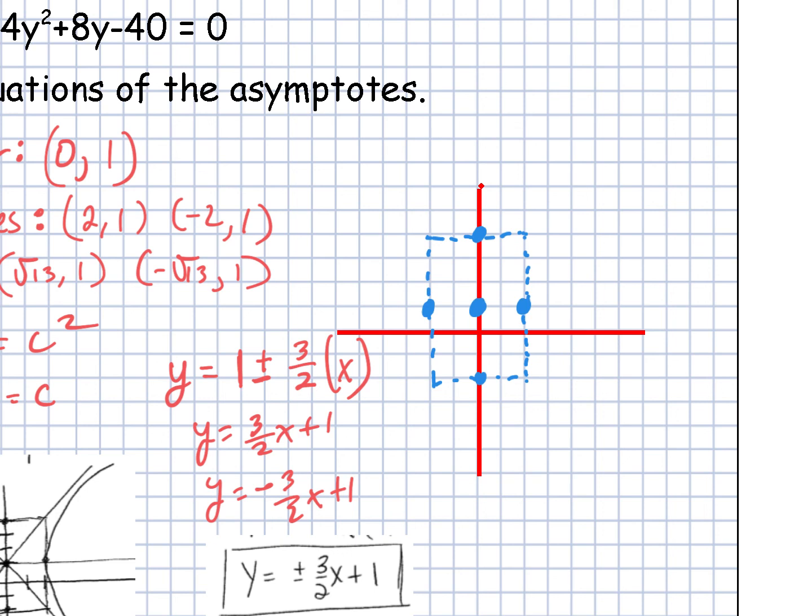So my diagonals run like that. Last thing is my foci, right? We said it was between a 3 and a 4. The root 13 was right there and there. And there we go.